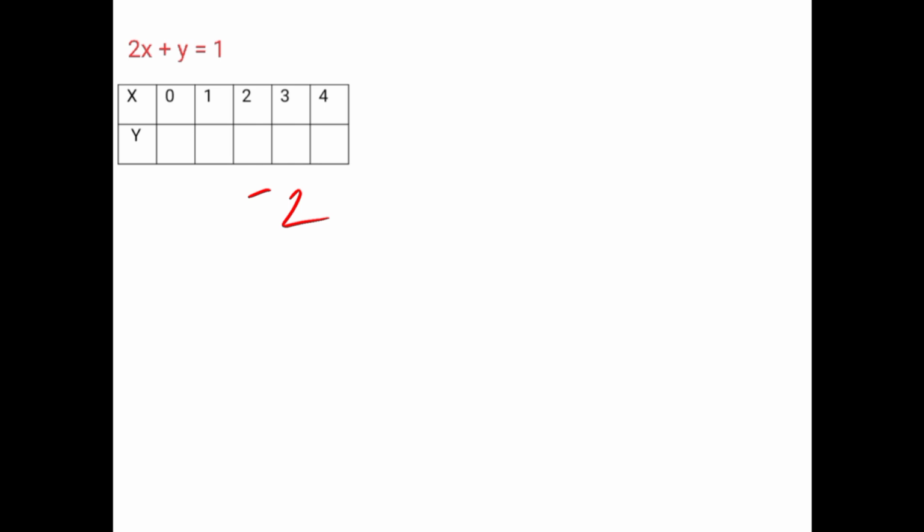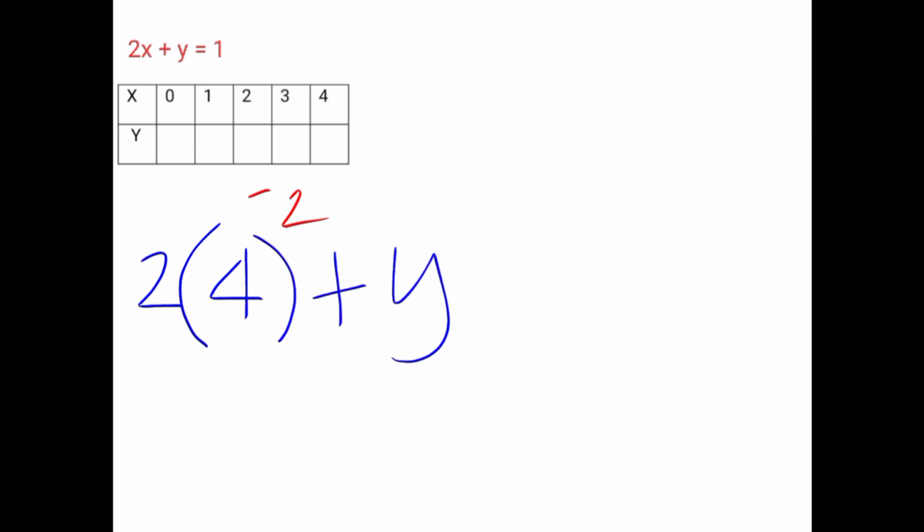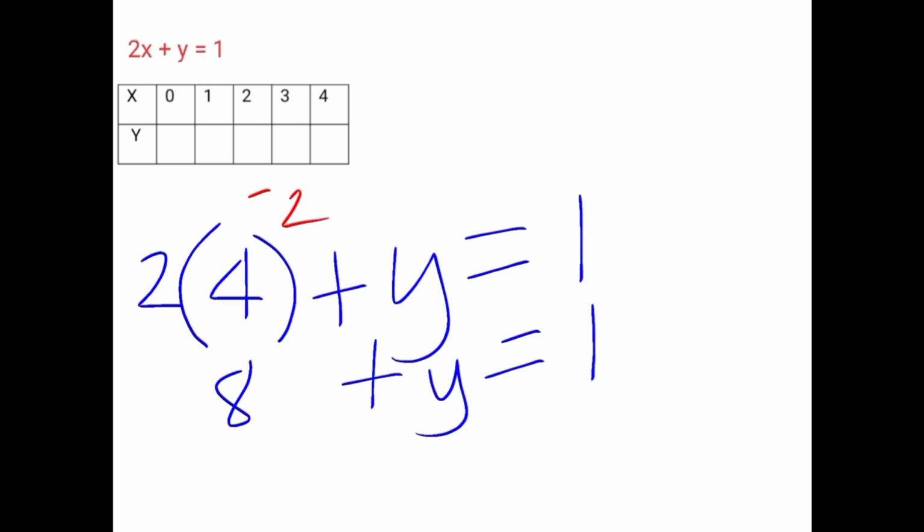So let's see for positive 4. 2 times the value of x, which is 4, plus y equals 1. What is 2 times 4? That is 8 plus y equals 1. Then by the addition property of equality, we add negative 8 to both sides.